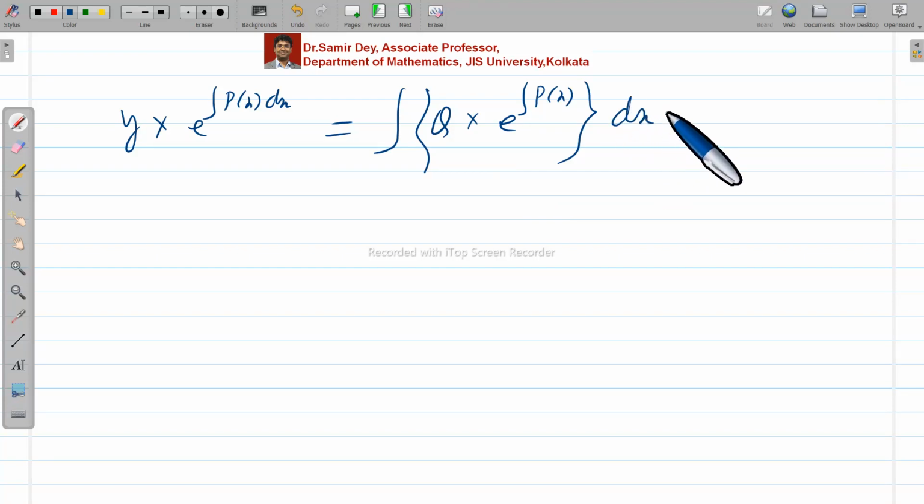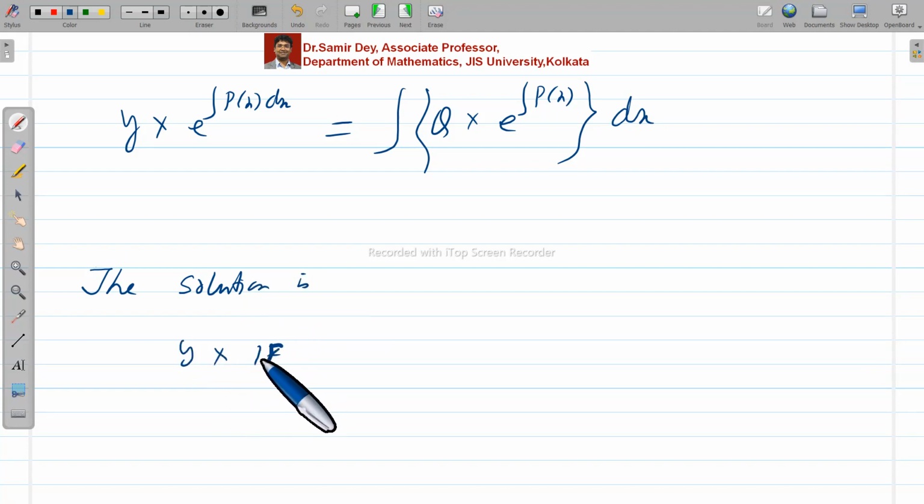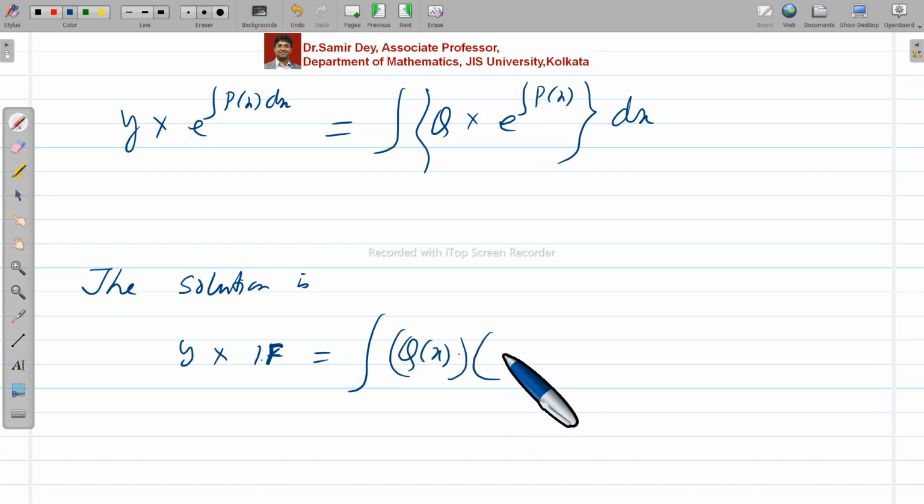That is your required solution. Generally it is very easy: if you know the integrating factor, the general solution is y times the integrating factor equals the integral of Q(x) times the integrating factor dx plus c. So this is the process.